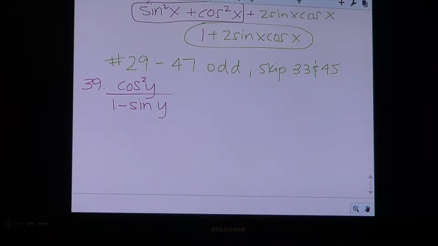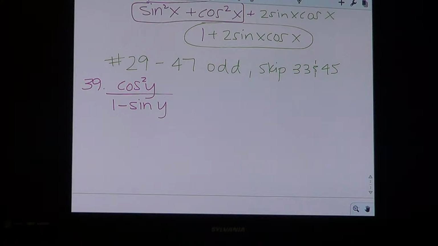How could we start that? I changed the 1 minus sine y to cosine squared y. And we can't do that because it's not sine squared, it's just sine. Oh! No wonder I got it wrong.